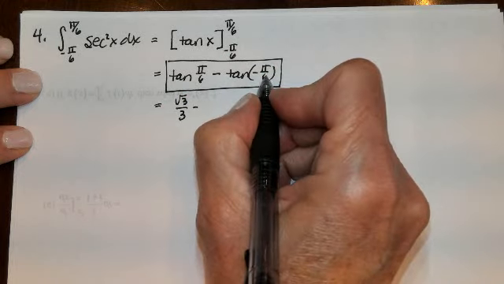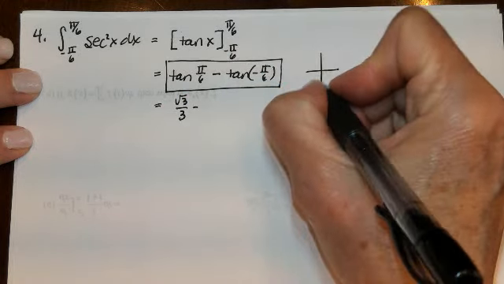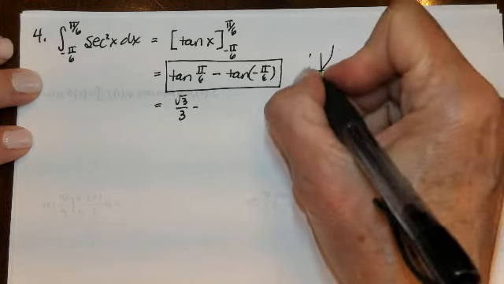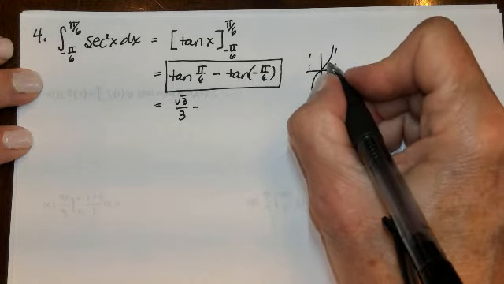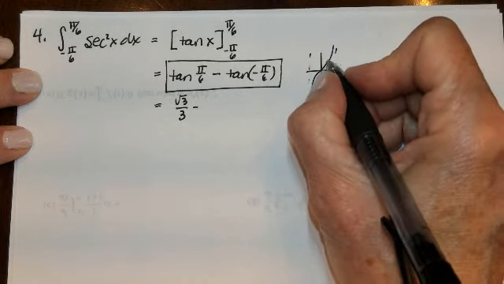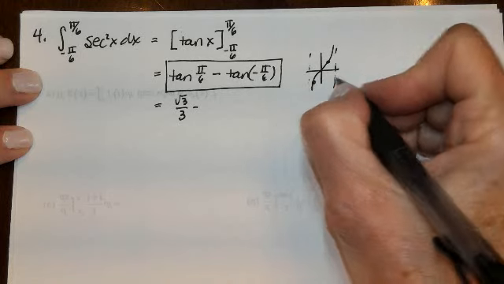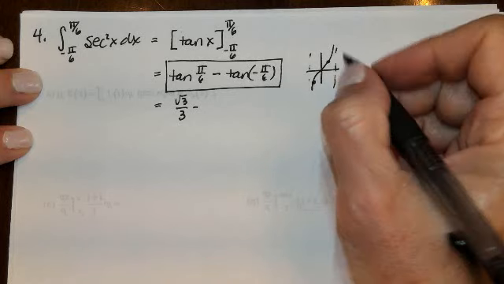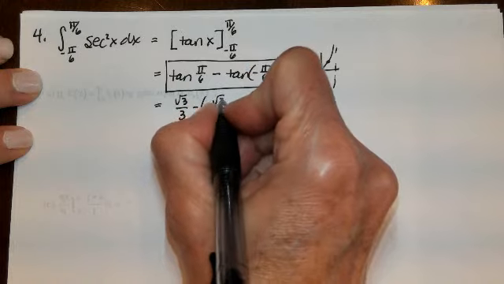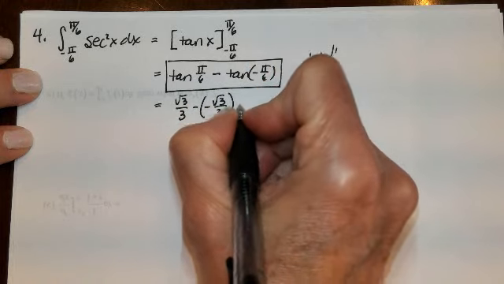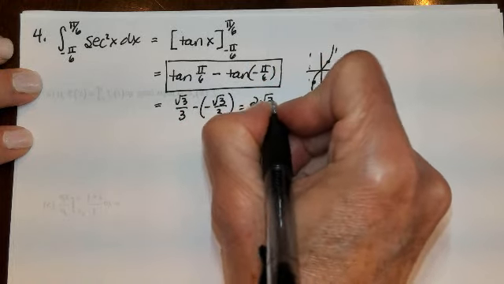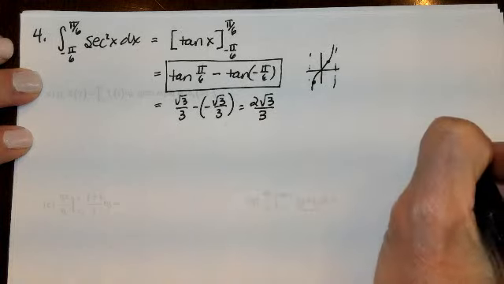Tangent of negative pi over 6, remember the graph of tangent looks like that, right? So if tangent of pi over 6 is square root of 3 over 3, tangent of negative pi over 6 is going to be negative square root of 3 over 3. So this is 2 square root of 3 over 3.